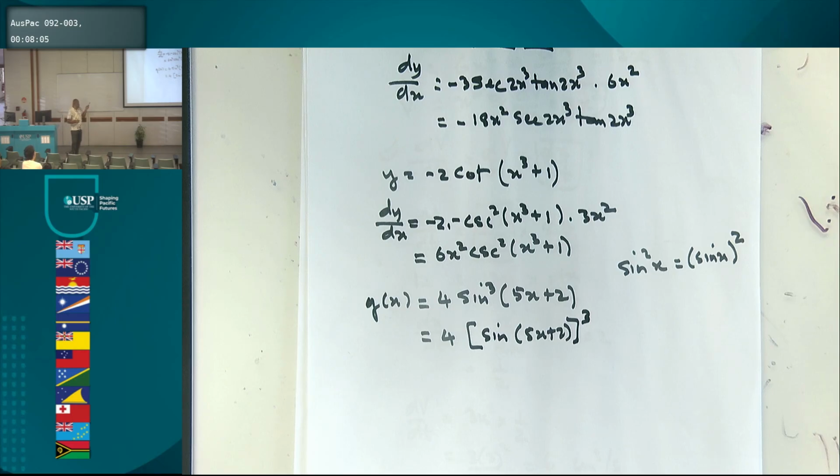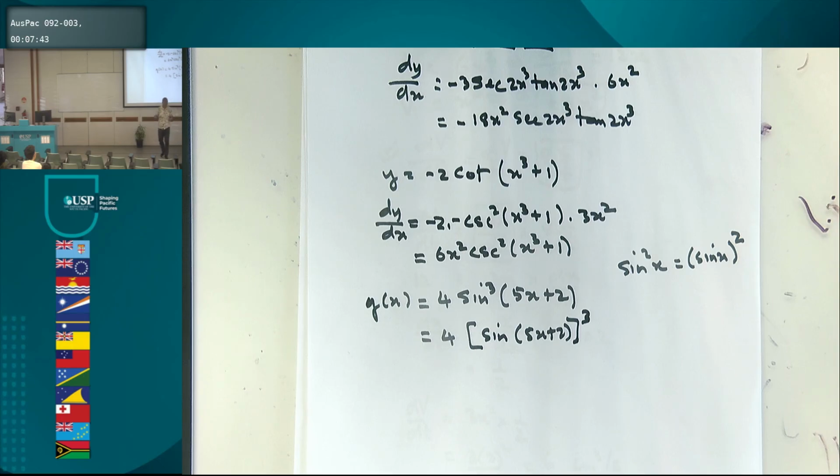Now the way it is written, like I said, what's our outer function here? Outer function is 4x cubed. We did something similar to this last week.